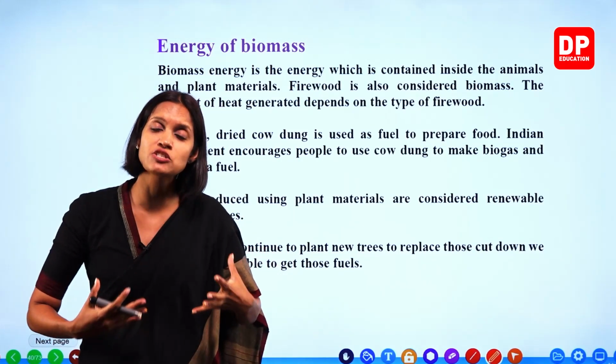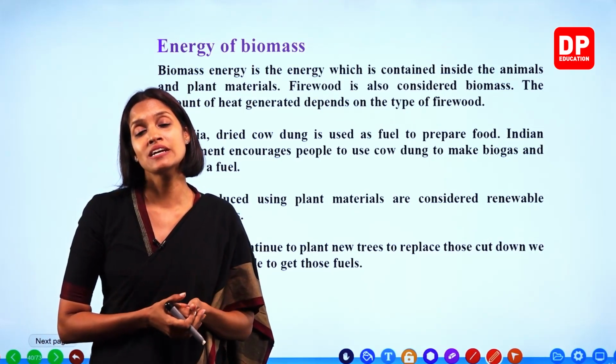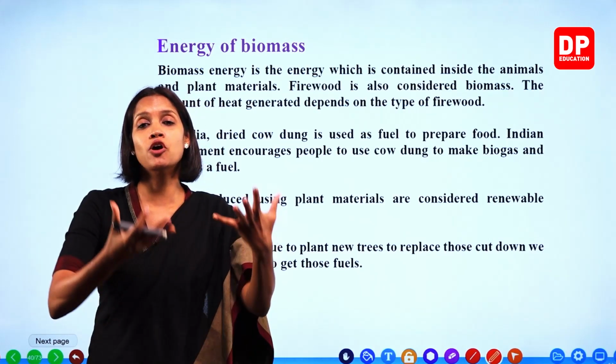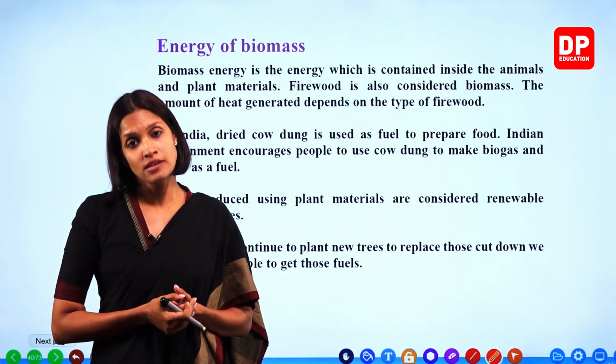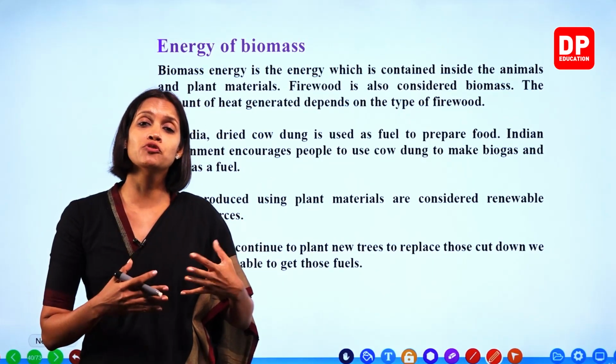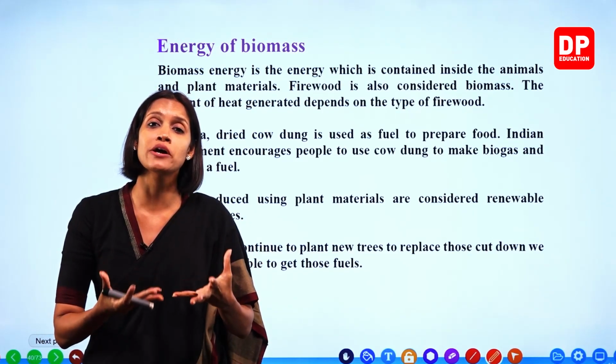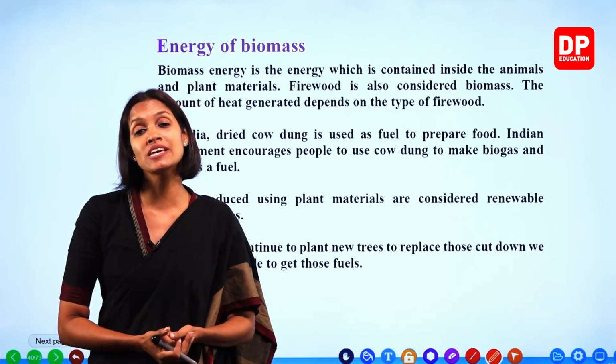This type of energy also can be used to generate energy. So most of the time by burning biomass, we can obtain heat energy. Right, children? So like firewood, coconut shells, sawdust, we can burn these types of biomass and produce heat energy.